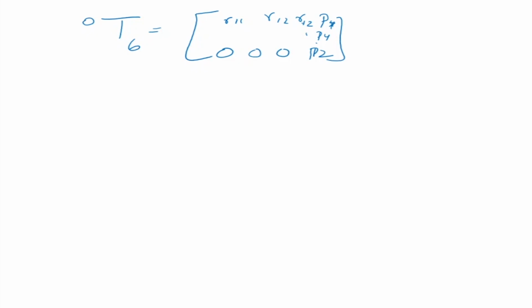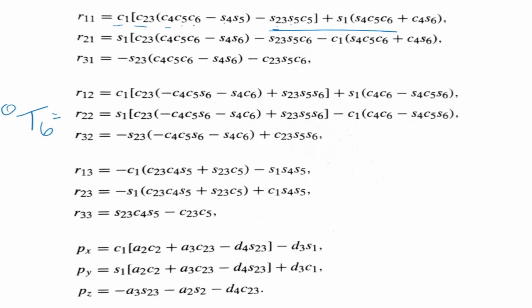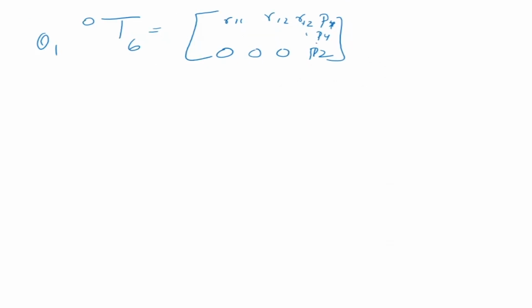So what we do essentially is, if you want to remove theta 1 from here, we take theta 1 to the other side. This is equal to T0 to 1, T1 to 2, like that, up to T5 to 6. So if I want to remove this one, what do I do? I take the inverse and bring it to this side.